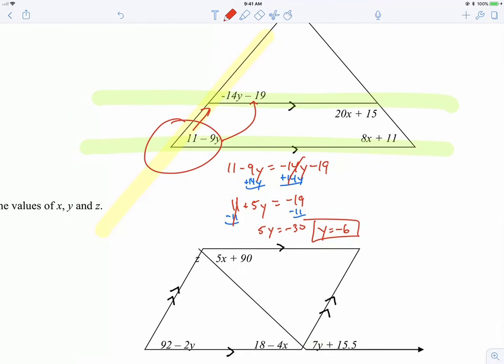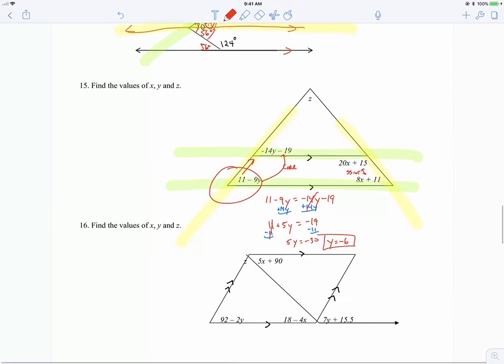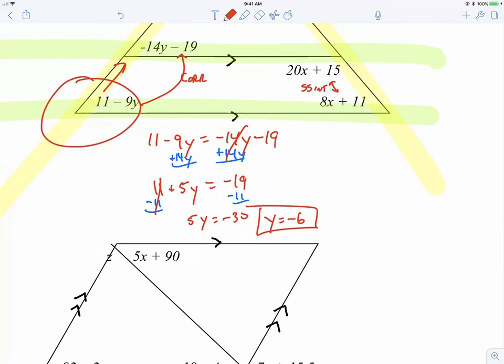Then I'm going to come over here and see that I have two parallel lines cut by that yellow transversal. So these guys are same side interior. These guys were corresponding. So that means I can say 20x plus 15 plus 8x plus 11 equals 180. So I'm going to add the 20x and 8x because they're on the same side of the equal sign.